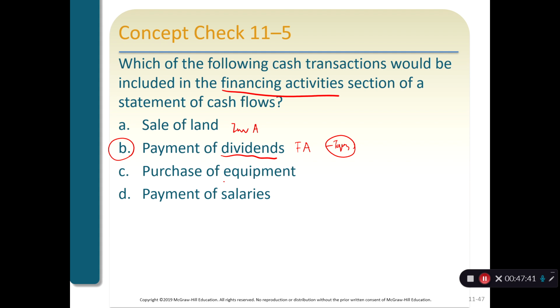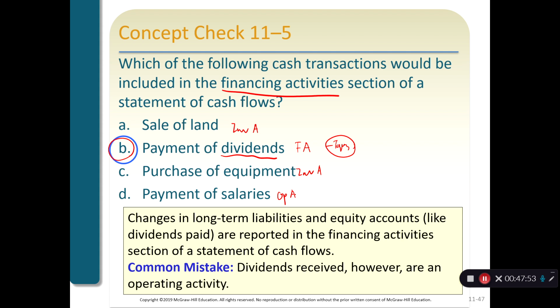C, purchase of equipment, should be investing activity. And payment of salary should be operating activity, right? Okay. I just want to re-emphasize: payment of dividends is financing. Once again, a dividend that is received is not financing activity, it's operating activity.